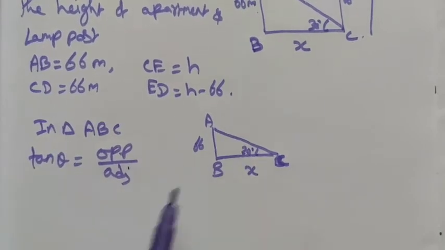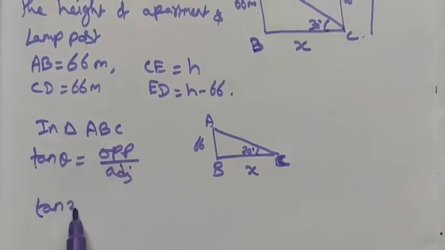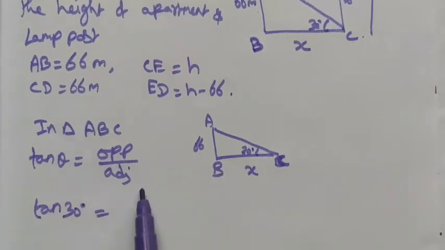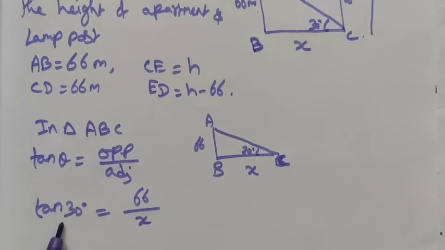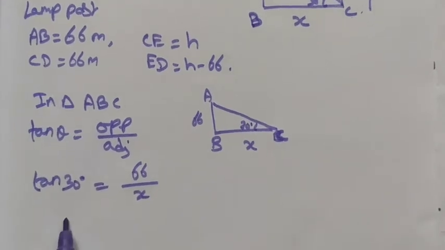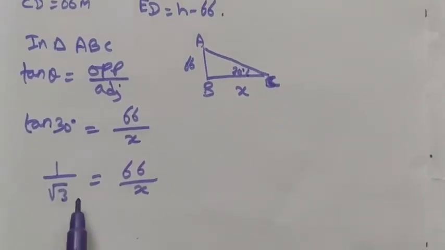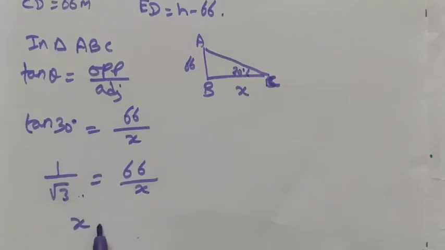Here theta is 30 degrees, so tan 30 degrees is equal to the opposite side, 66, divided by the adjacent side, x. Tan 30 is 1 by root 3, so 1 by root 3 is equal to 66 divided by x. Taking x to one side and root 3 to the other, x is 66 root 3.